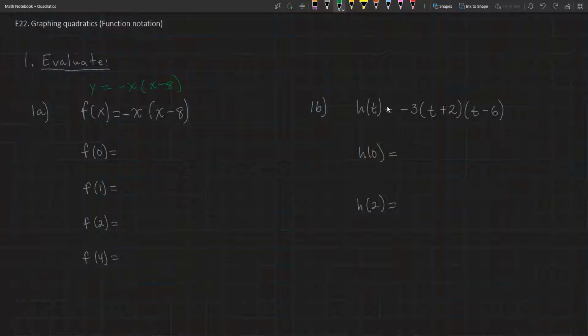And similar to this equation here on 1b, sometimes it could be f of x or g of x or k of x or whatever other letter instead of f. Like in this case, we're going to use h. And instead of x, sometimes we're going to use t because what we're moving forward to is word problems. And a lot of times t will involve the variable that stands for time. And sometimes h will stand for something like height.